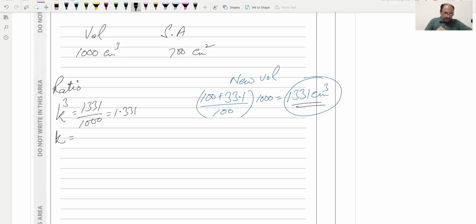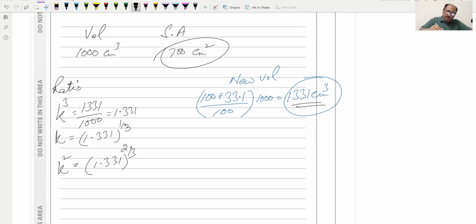So we will find the k value: 1.331, we will take the cube root, and then we will be finding k square, because for area we will be using the square of the ratio. So 1.331 raised to 2 by 3, and this we will multiply with the old area.